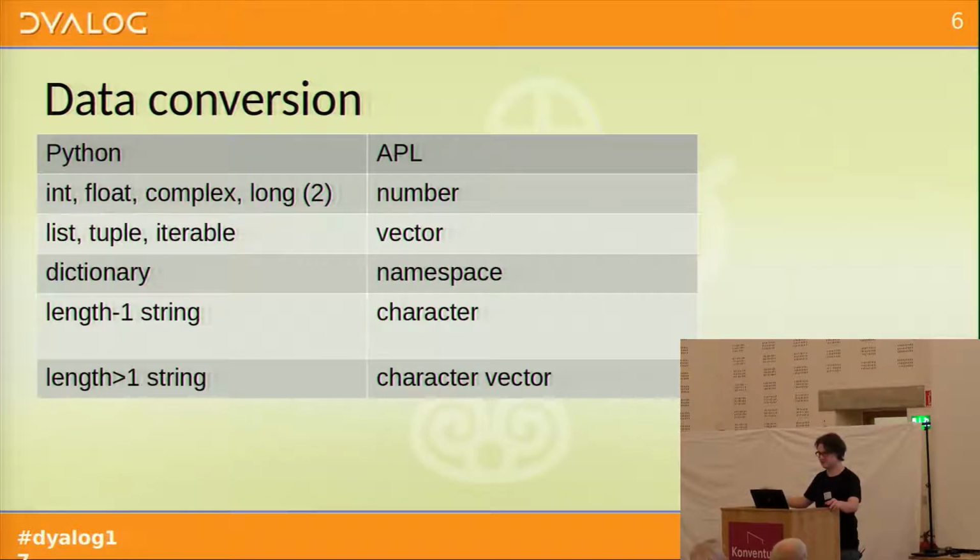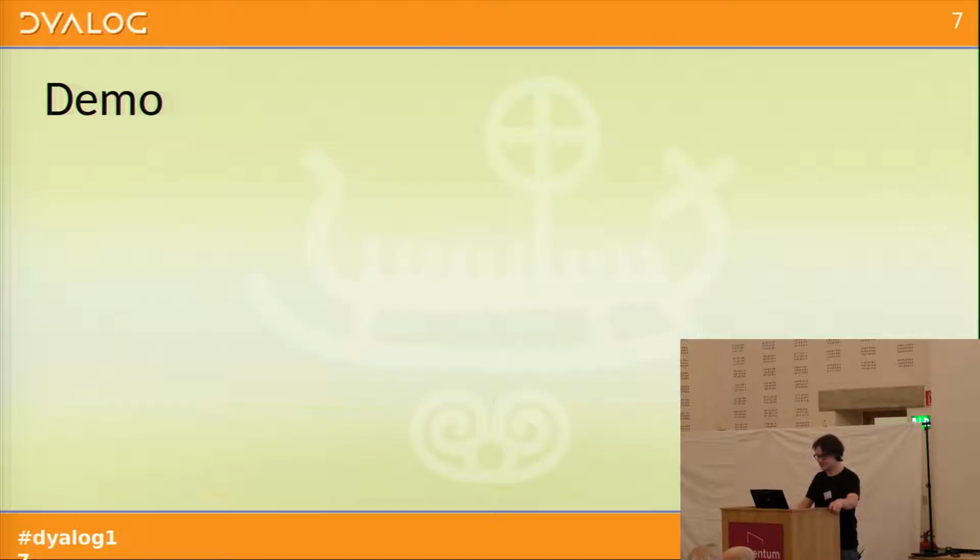Well, it's dynamically typed, but it makes some distinctions that APL doesn't. So basically, everything that's list-like becomes a vector in APL. Everything that's number-like becomes a number in APL. You'll see what a dictionary is and why it maps to a namespace. But it's a lot easier to show this to you than to talk about it.